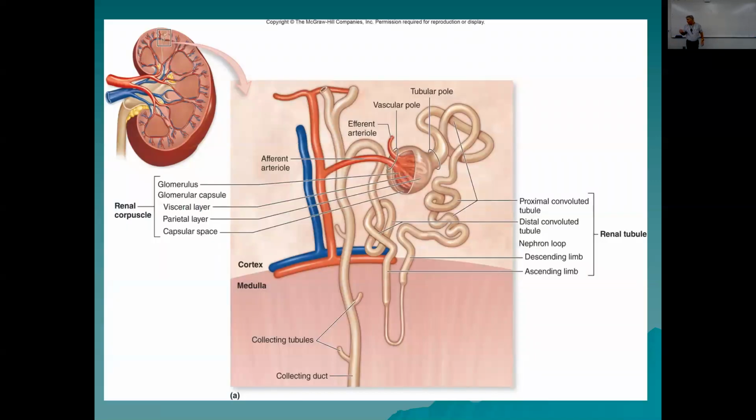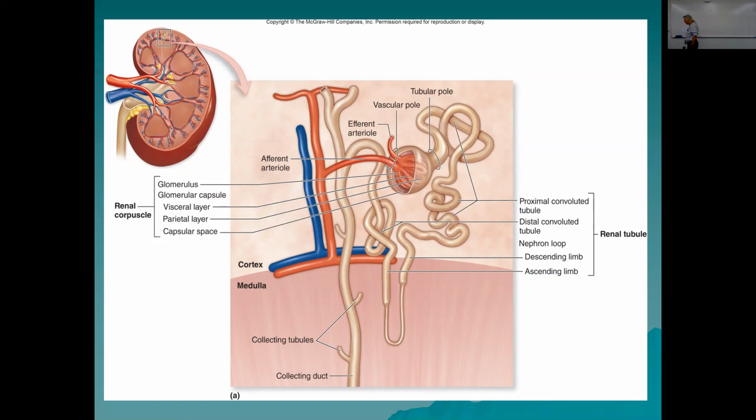So there is a drawing of a nephron. You look at the lighter color, there's cortex on top, and below is medulla.